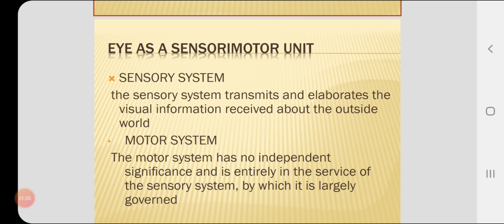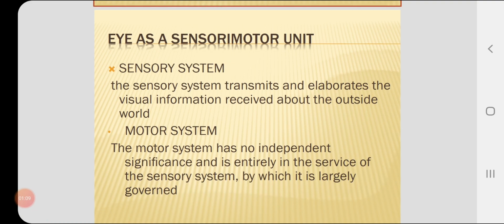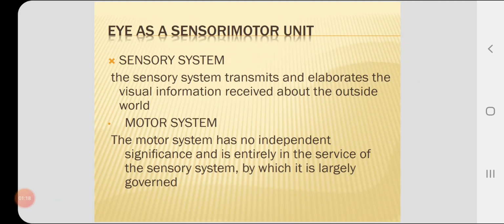That is our sensory system. The rays are transmitted from the retina by the visual pathway to the brain, and then the brain gives the instruction to see or visualize the object. That is our motor system.